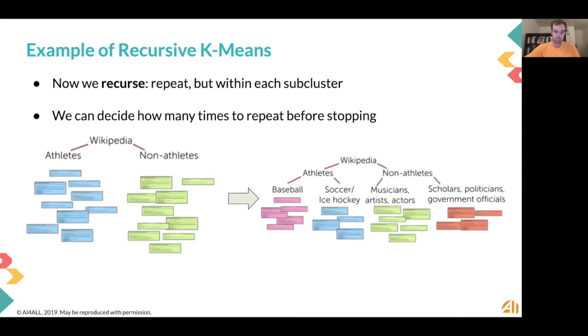Okay. So this is a really powerful technique and allows you to find not just flat structure, but actually deep structure. So taxonomic structure that allows you to see finer and coarser levels of granularity in your data.